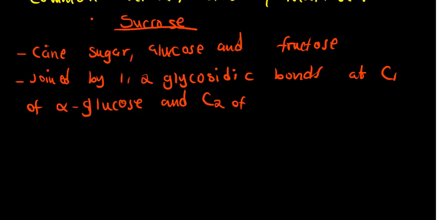We discussed these structures in monosaccharides, the structures of alpha glucose and beta fructose, where for beta you find the hydroxyl group above the ring structure.